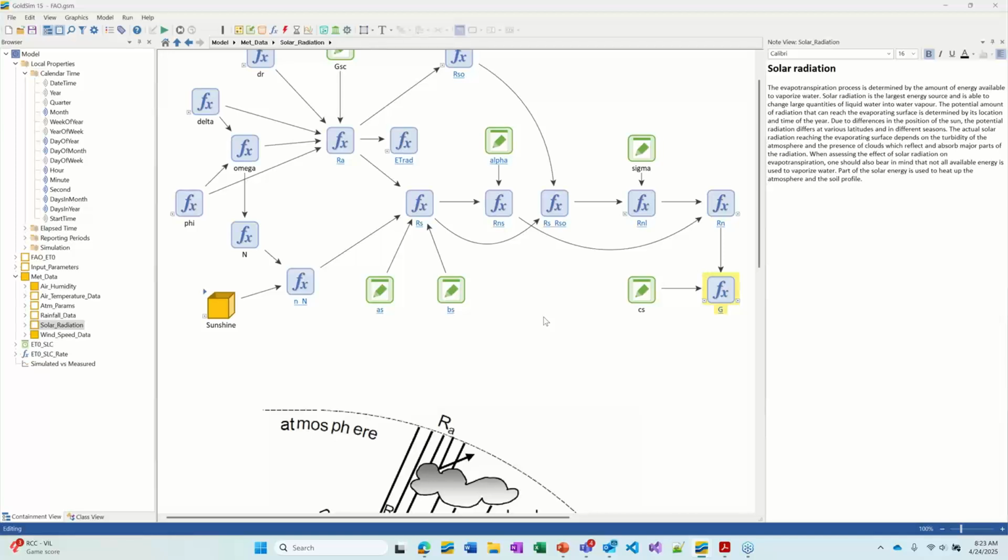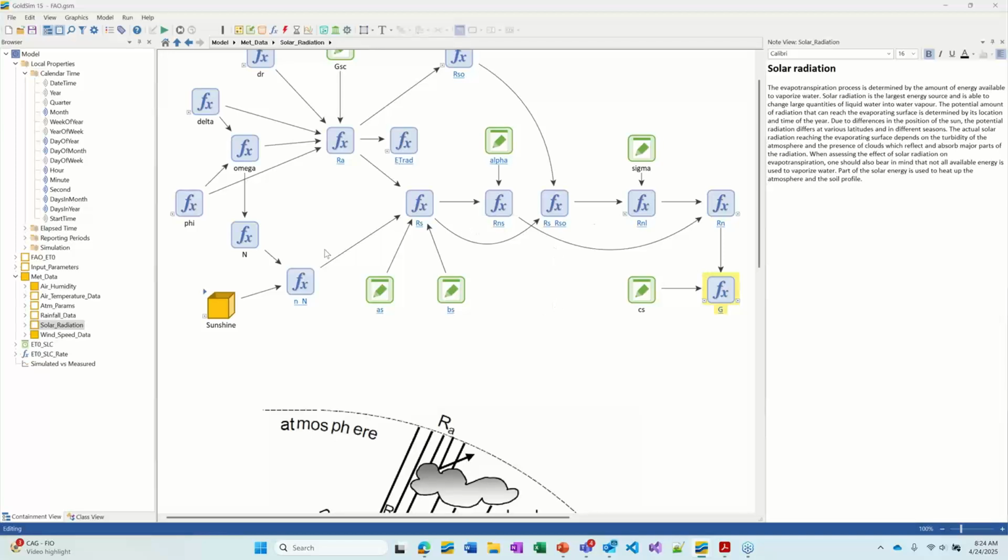So this method would be more suitable than if you have good data, or even if you have good estimates of the data like I was describing. This would be a better method to use than something that's empirical, like the Hammond method or the Hargreaves method for evapotranspiration, because of this.